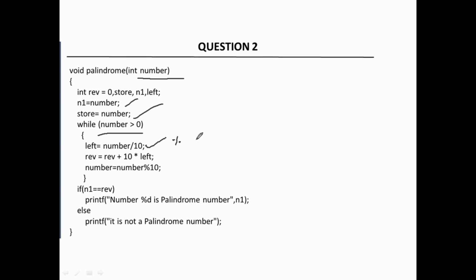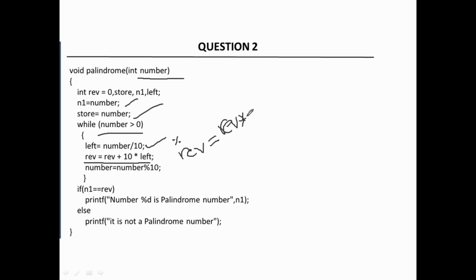Next, move to the next line now. Observe this line. Reverse is equals to reverse plus 10 into left. Is it correct? Very good. Reverse is equals to reverse into 10 plus left, right? I hope you all know the logic for this one. Each and every digit should move to the left hand side, right?